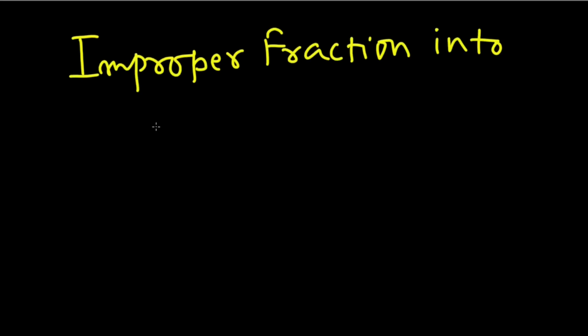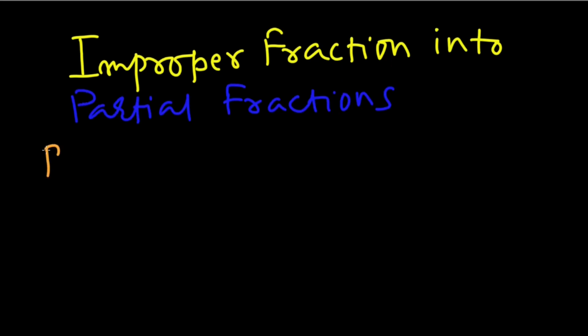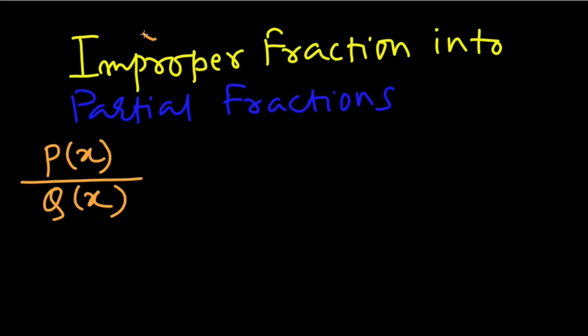Let us understand how to decompose an improper fraction into partial fractions. A function px by qx is called an improper fraction or function when the degree of px in the numerator is greater than the degree of qx in the denominator.